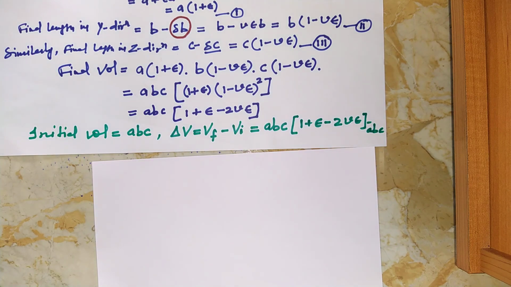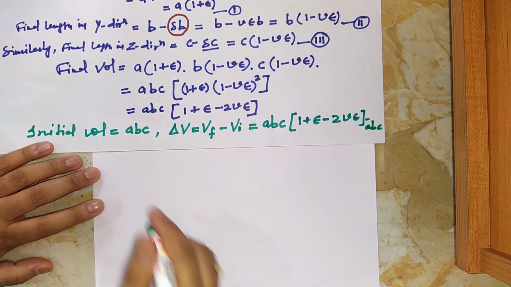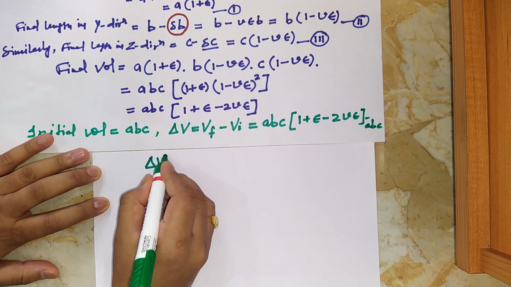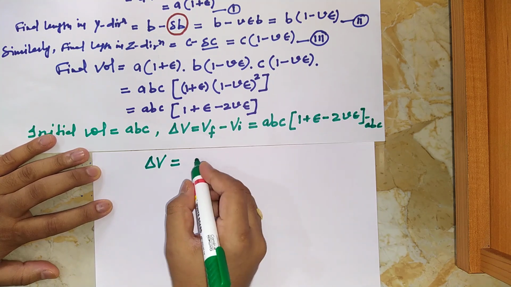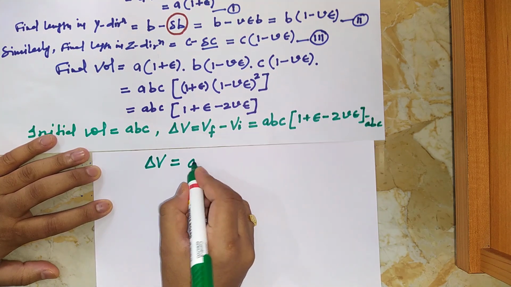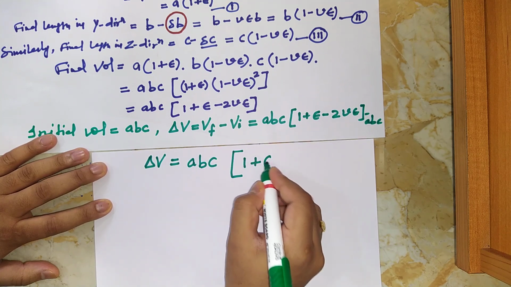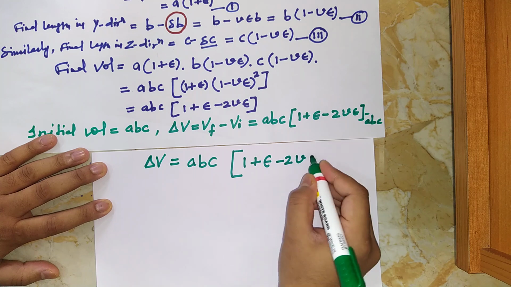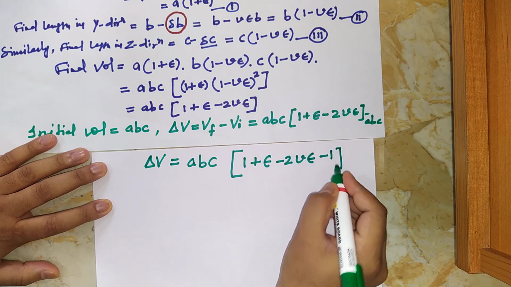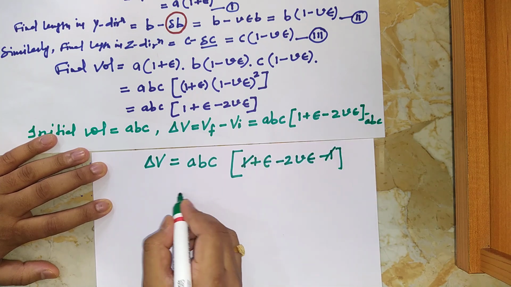Okay. So here we see that change in volume is equal to ABC, and we'll put this in brackets. So 1 plus epsilon minus 2 nu epsilon minus 1. So 1 and 1 can be cancelled here.